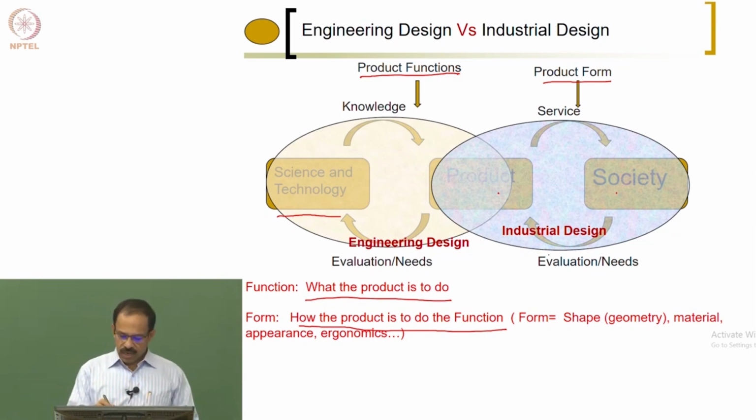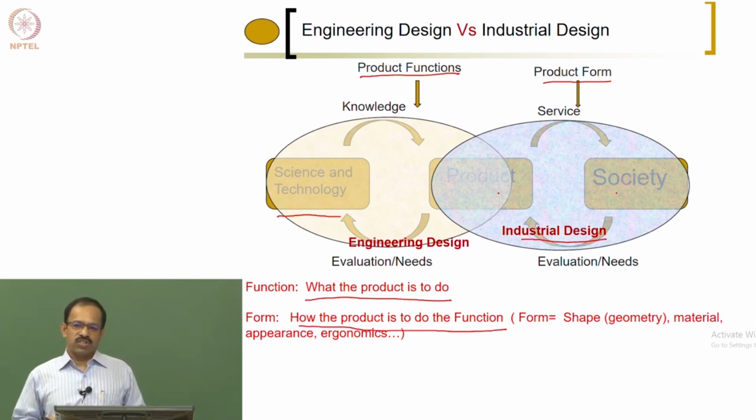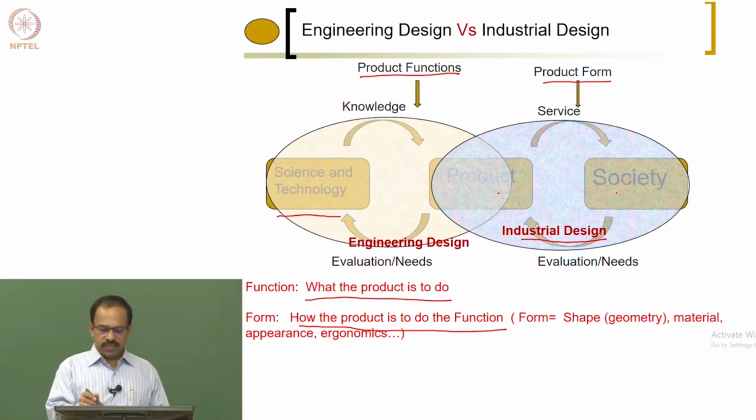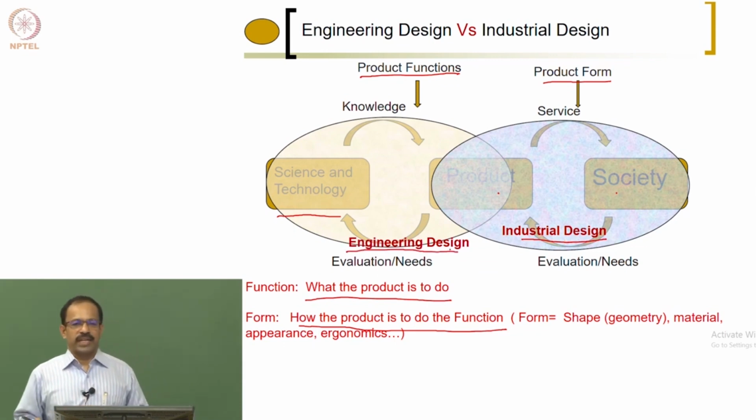All these things come under the industrial design aspects, where the focus is more on appearance, shape, size, ergonomics, user friendliness. And the engineering design aspect is more on how you convert technology to products, how you identify the functions needed, how you develop a concept for that function and develop the product.